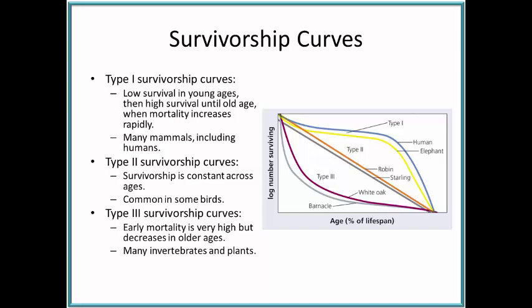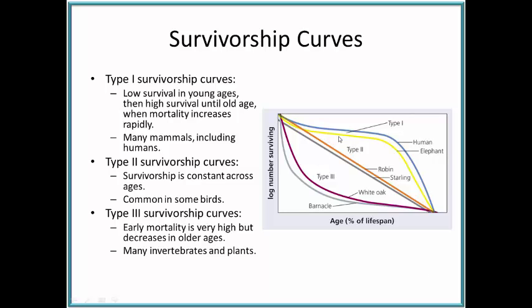Again, if we look at them graphically, we're going to have age or percent of lifespan on the x-axis and survivors on the y-axis. Type 1 survivorship, denoted in the graph as blue and yellow lines, has low survival at young ages, which would be up in this area here.